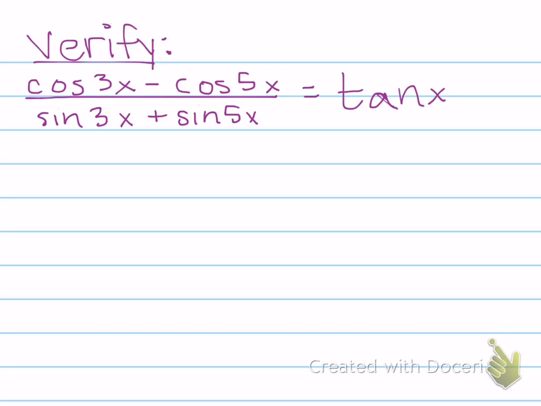So here I have a cosine minus cosine, so I would select the cosine minus cosine formula. And here's our alpha, and there's our beta. And again, we just fill our values into the formula.